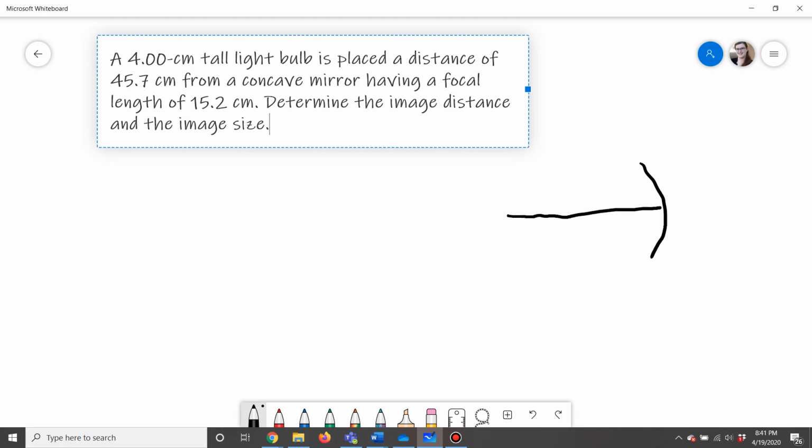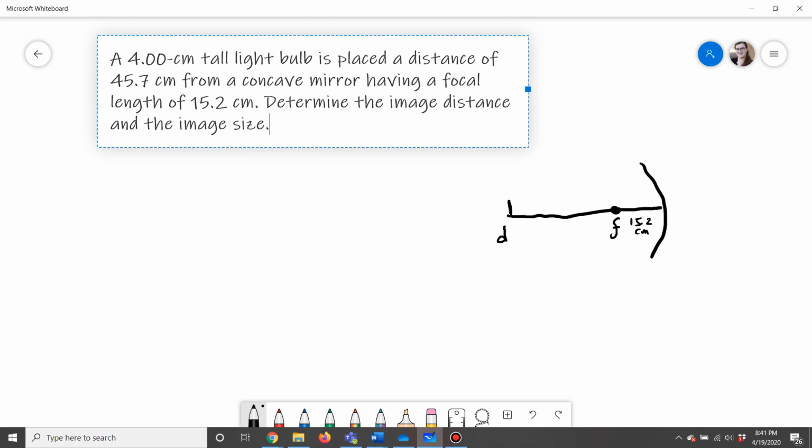And here's our principal axis right here that's leading up to our mirror. We have a light bulb right here. And we know that our focal point is 15.2 centimeters. There's our focal point.